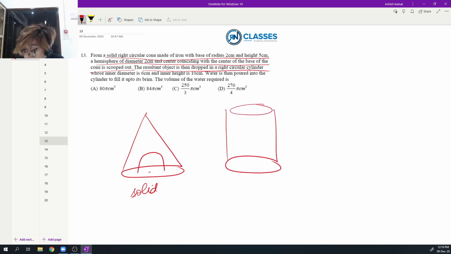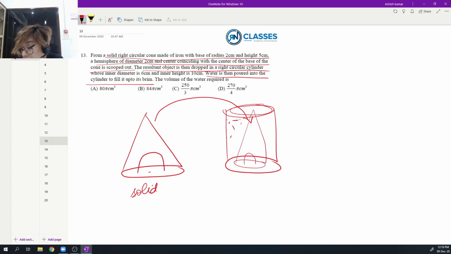Obviously it should be bigger, but okay, you get my point, right? This is dropped in this cylinder, right? And water is then poured in the cylinder to fill up to its brim, right? So once I have kept this inside, I don't know the dimensions and all, the water is filled up in the remaining area. I need to find the volume of the water involved.